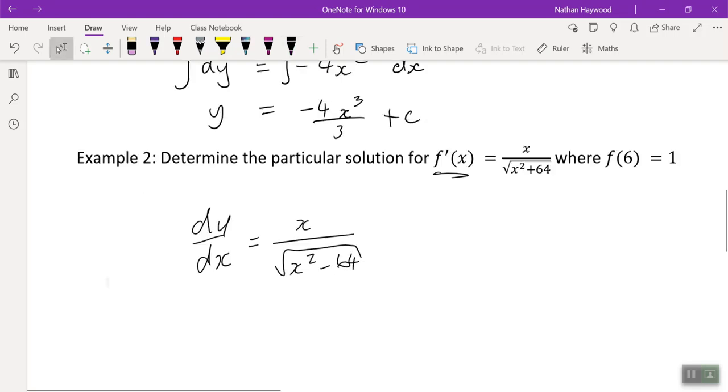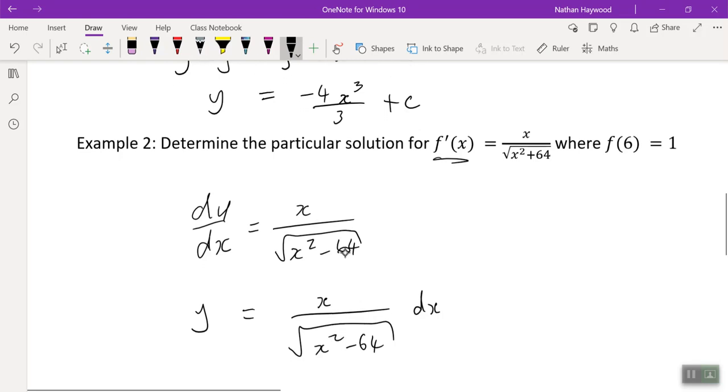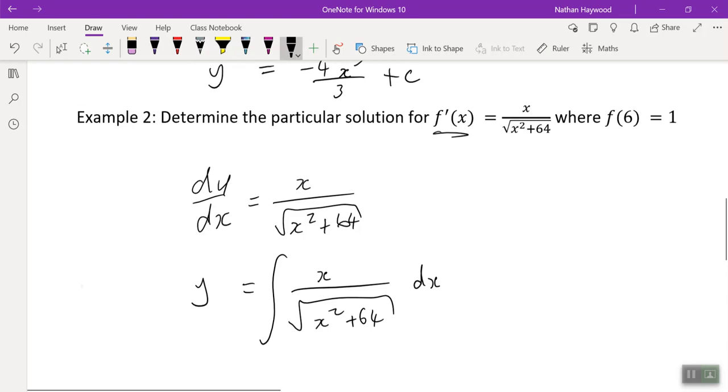So we're just finding, bring the dx over to the other side. Right. Thank you. Okay, and then integrate both sides.